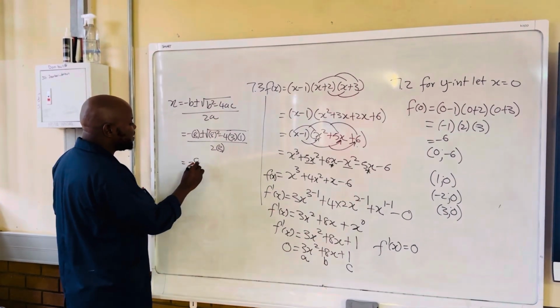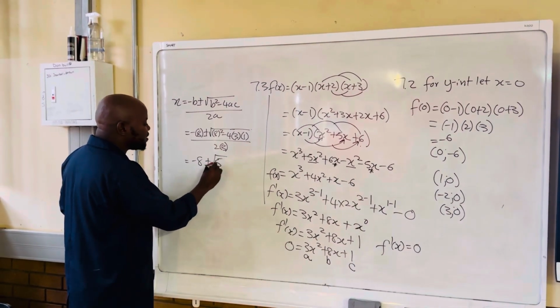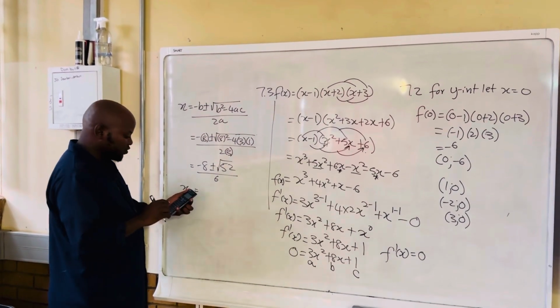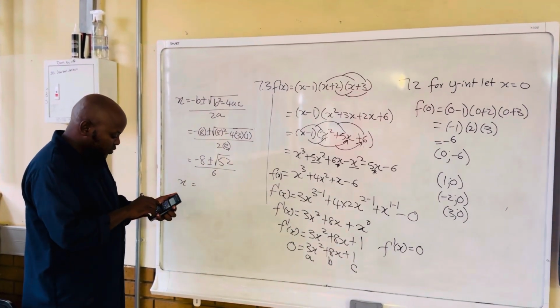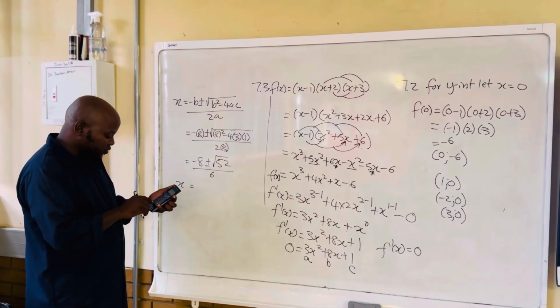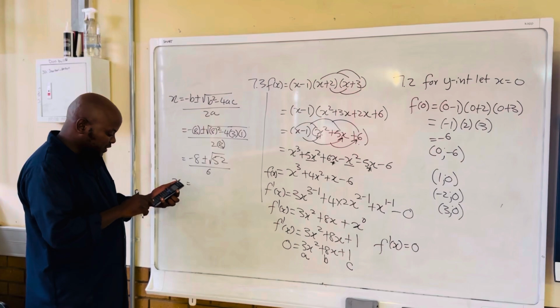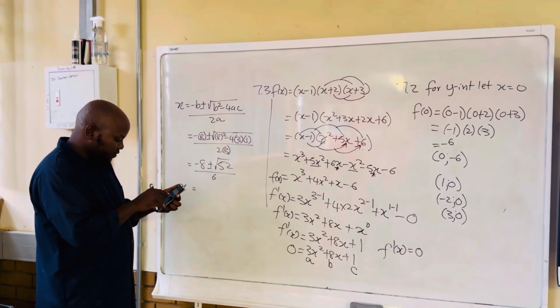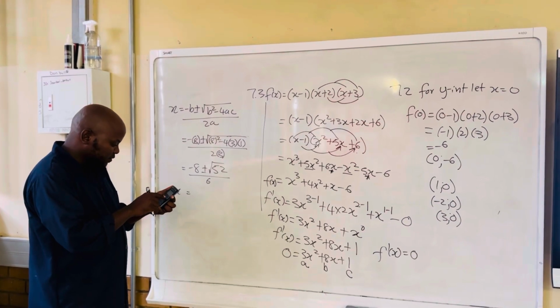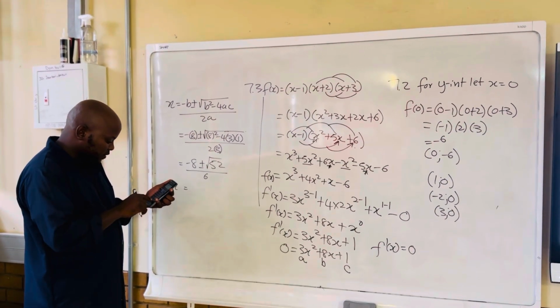So you're going to have negative 8 plus or minus the root of 52, divided by 6. x will be equal to negative 8 plus root 52, divided by 6.